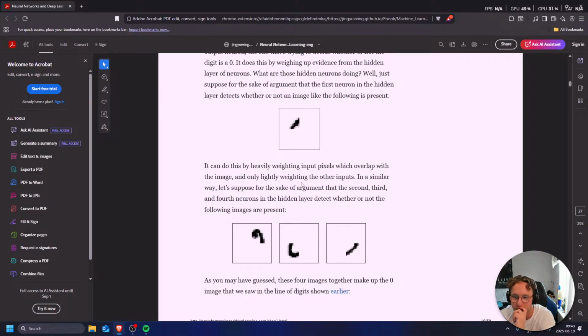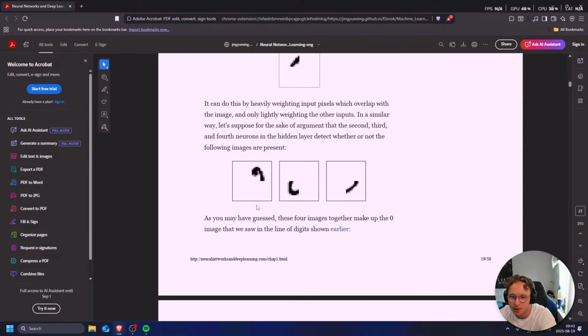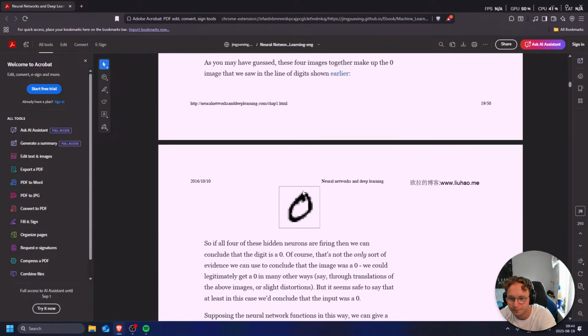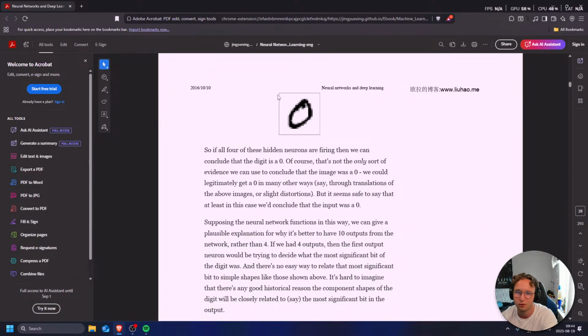In a similar way, let's suppose for the sake of argument that the second, third, and fourth neurons in the hidden layer detect whether or not the following images are present. As you may have guessed, these 4 images together make up the 0 image that we saw in the line of digits shown earlier. So if all 4 of these hidden neurons are firing, then we can conclude that the digit is a 0.